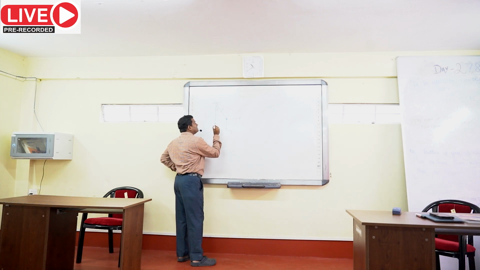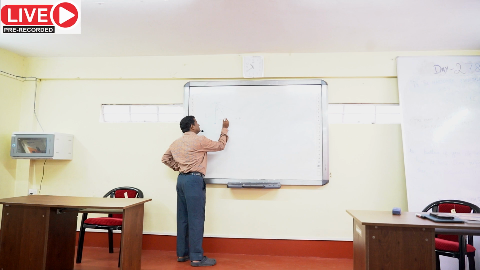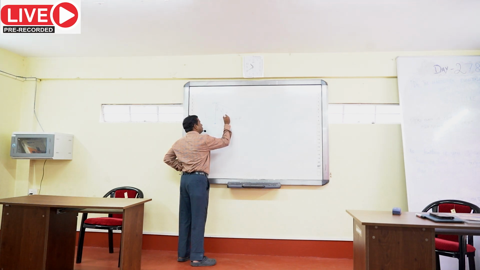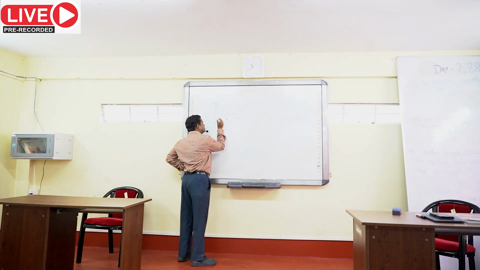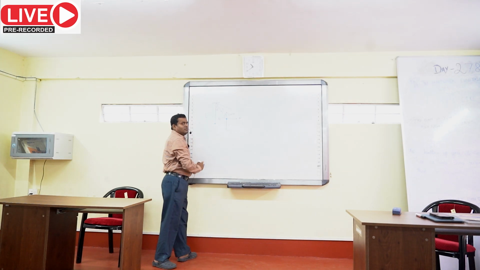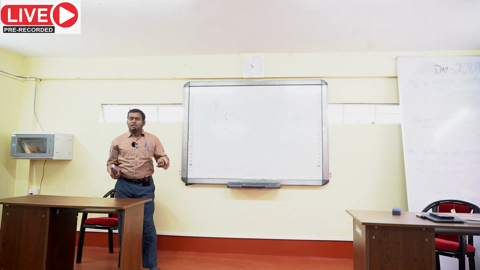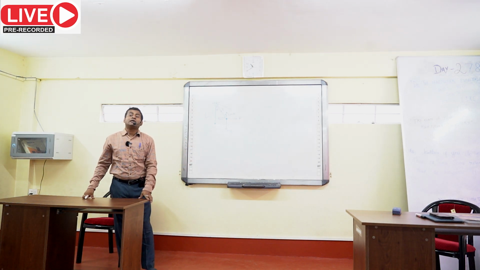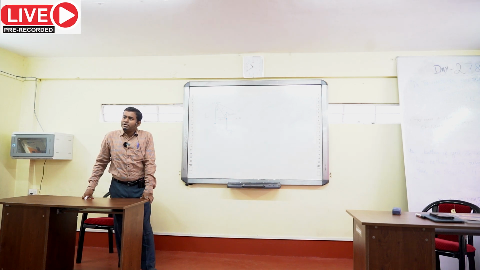Now, in this situation, split the forces into components. This angle should be alpha, then T cos alpha and T sin alpha. Since the speed is 0 at every point for the movement of this particle, net force should be 0.